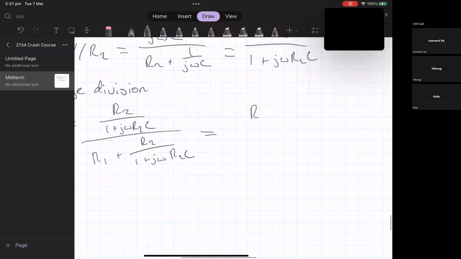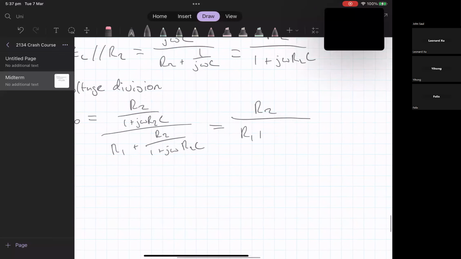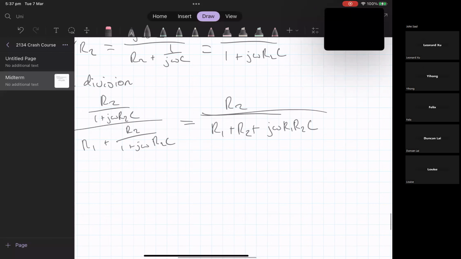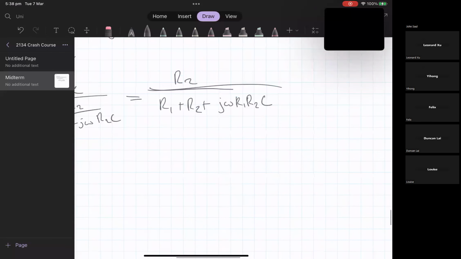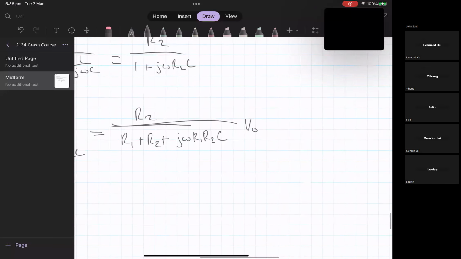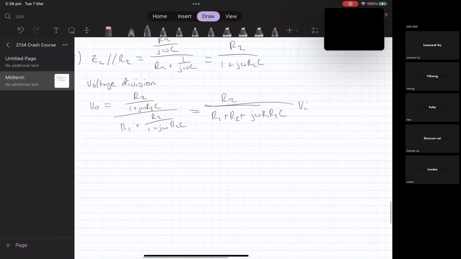Exact same steps. We get our V0 in terms of VI.